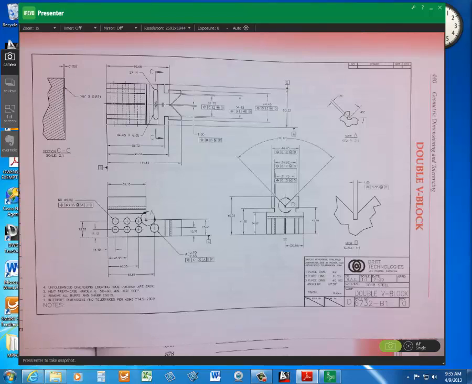As we say in manufacturing or in drafting, a lot of times we say it's got to be dead nuts. Sorry, I don't mean to offend anybody. But that's what we used to use out in the machine shop. Where's this got to be? It's got to be dead nuts.